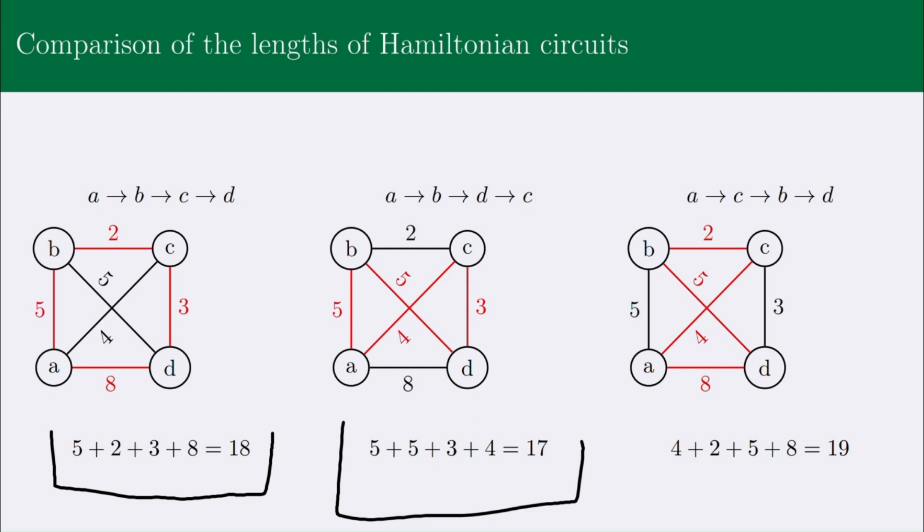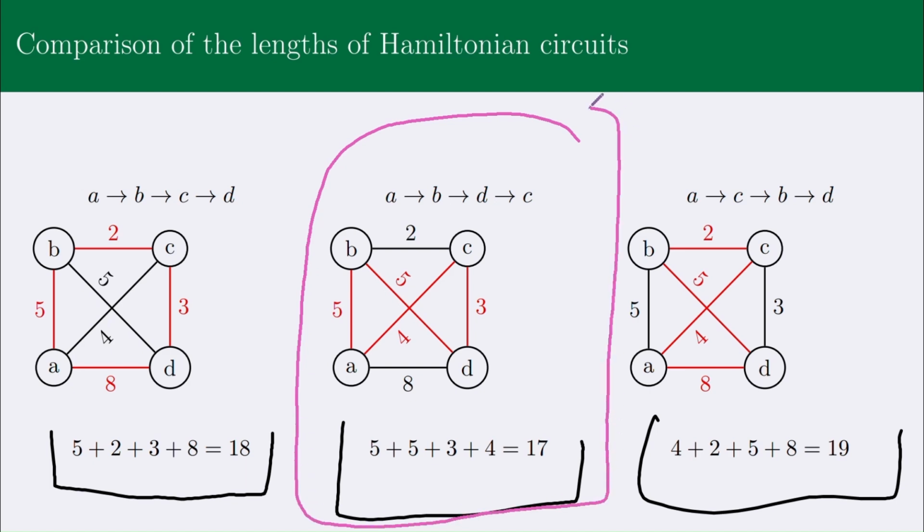This will take 17, and this 19. So what is the best option for this merchant? Of course, to choose this option. So it might seem that the problem is very easy. We just need to write down all the Hamiltonian circuits and just choose the shortest one. So what is the problem?